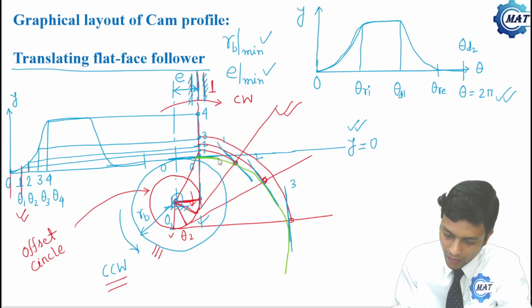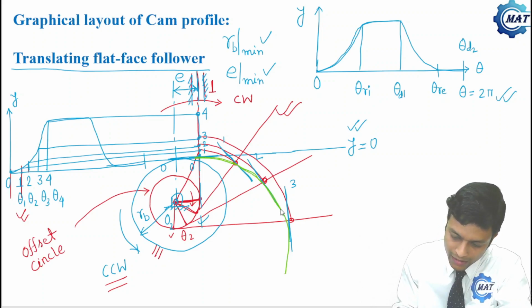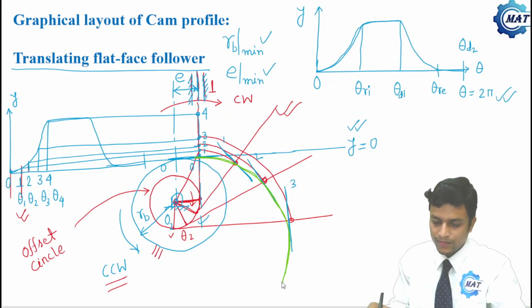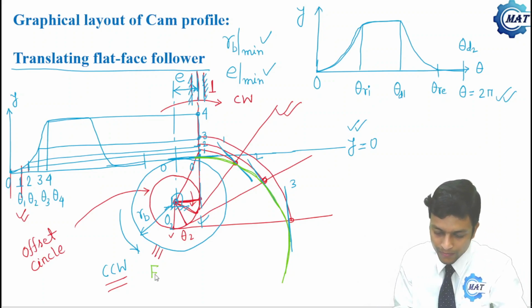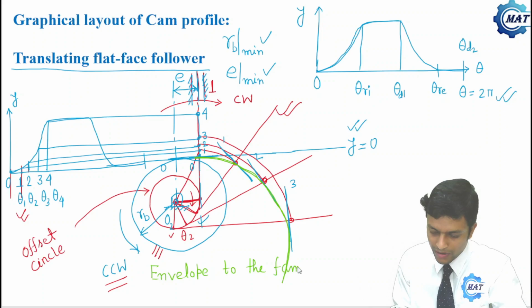So this green line is the cam profile, that is, the envelope to the family of the straight lines.